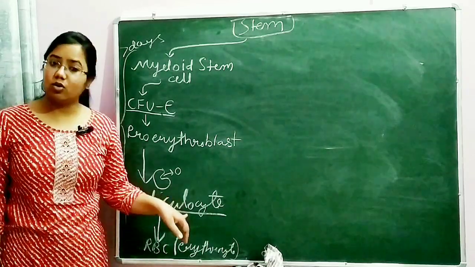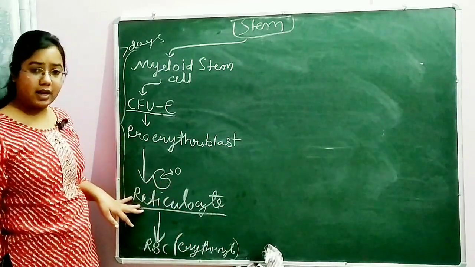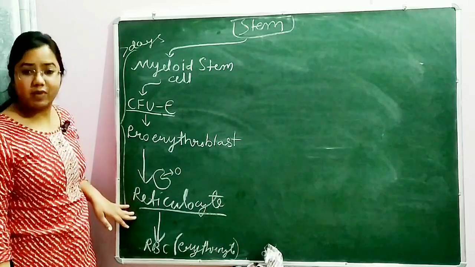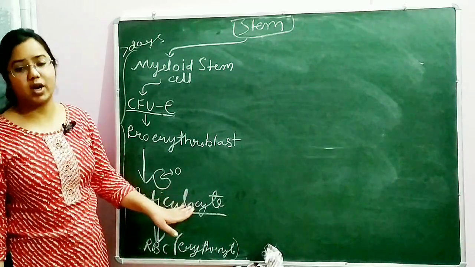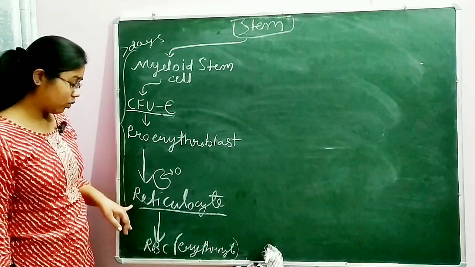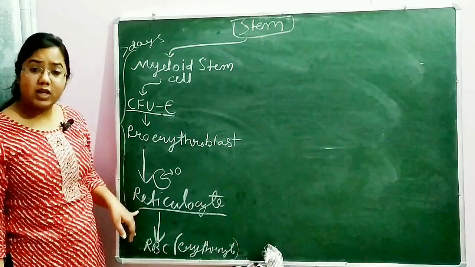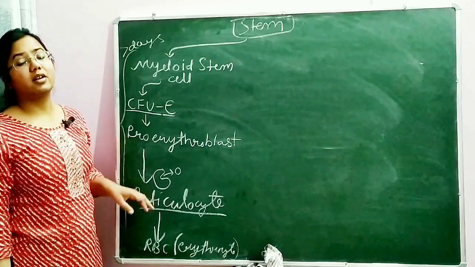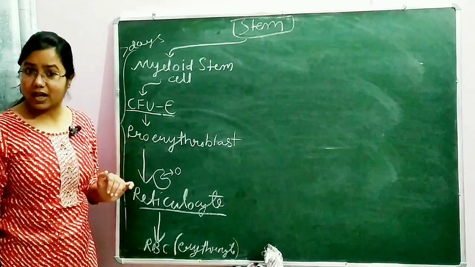At the reticulocyte stage, some maturation factors are required. The maturation factors are vitamin B12 and folic acid. If these maturation factors are not present, it results in megaloblastic anemia.